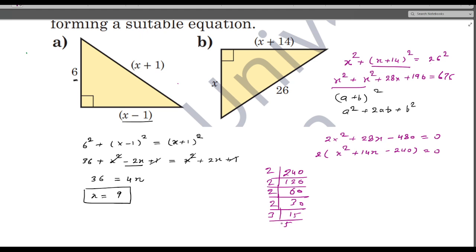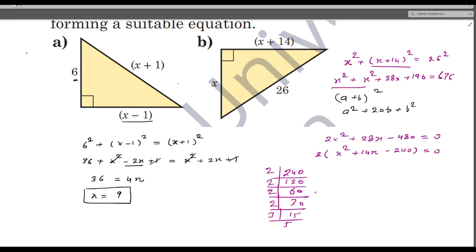Now if I take 5 times 2, that is 10, and then 2 times 2 is 4, times 2 is 8, 8 times 3 is 24. So the difference of 24 and 10 is 14.